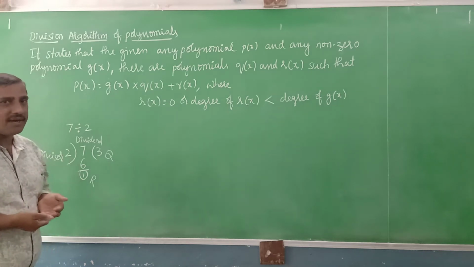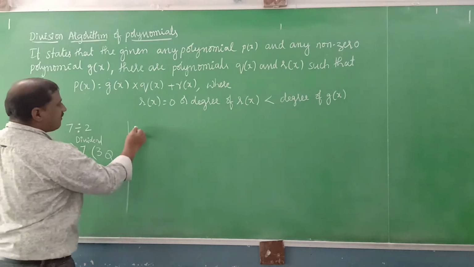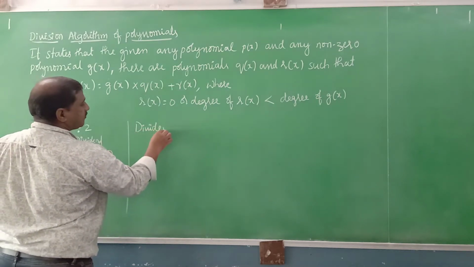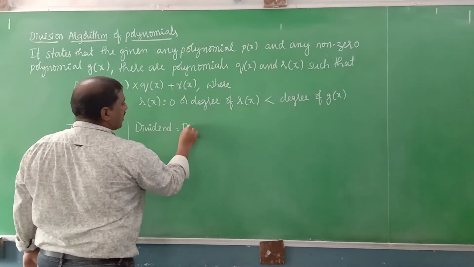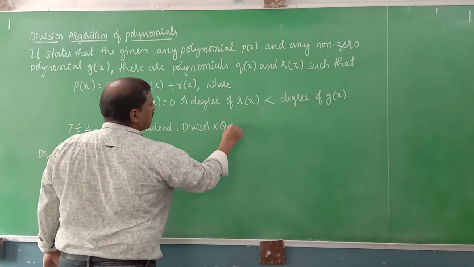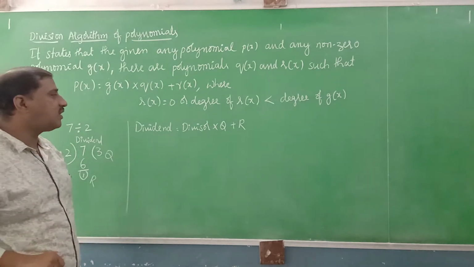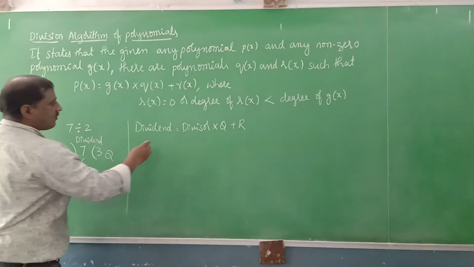Now we can check, as we studied in the lower classes, whether our division is correct or not. We verify using the concept: dividend is equal to divisor into quotient plus remainder. Here the dividend is 7.